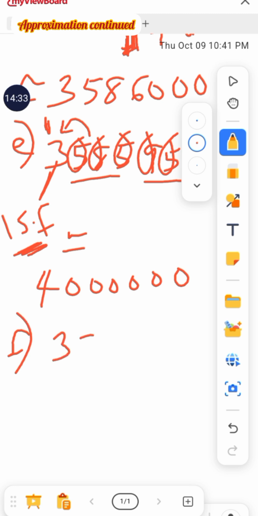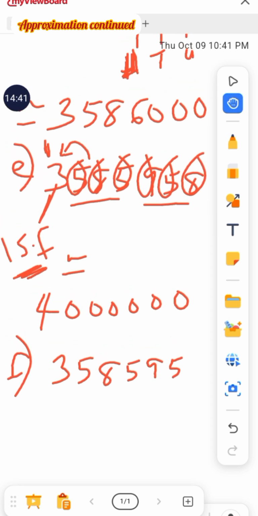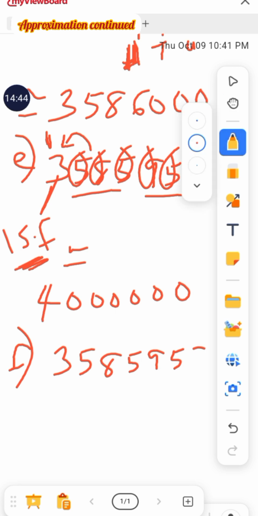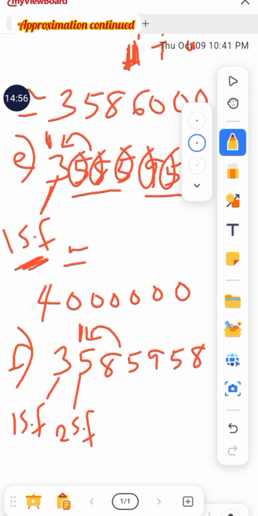So the next one is two significant figures. So 358595, let's see what, okay, 598. 598 is the question to two significant figures. So this is our one significant figure. This is our two significant figure. And before you conclude, you check the number at the back. 8 on top of 5, that's 1. It had 1.